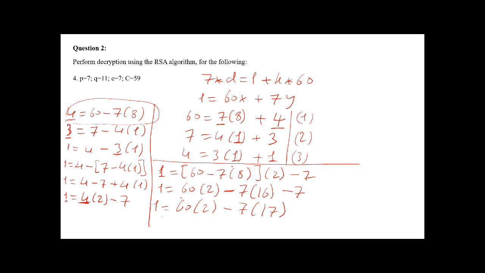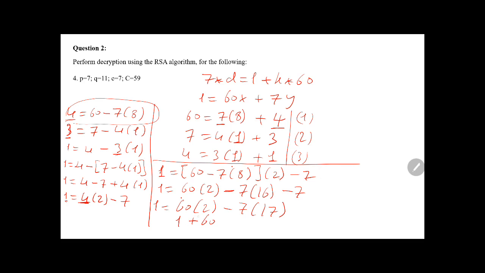Now we try to make this one similar to the equation up here. So basically we do the following. It will be 1 plus 60, and since I will get this one into the other side, it will be negative.